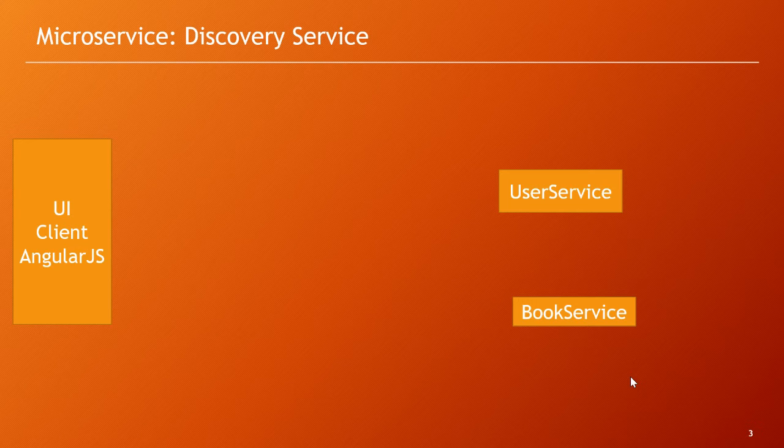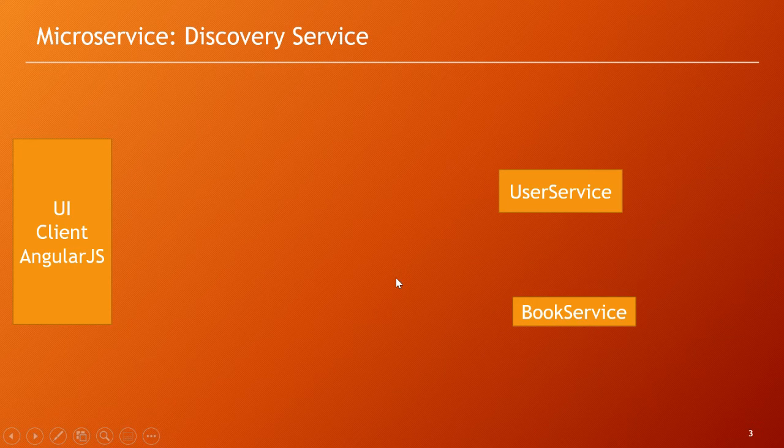So the UI application wants to interact with the user service and the book service. This is fine if we have only a single server of user service or a single server of book service. In the beginning stage, these IP addresses can be added as a direct dependency into the UI client application. It can hard code the IP addresses of these applications.